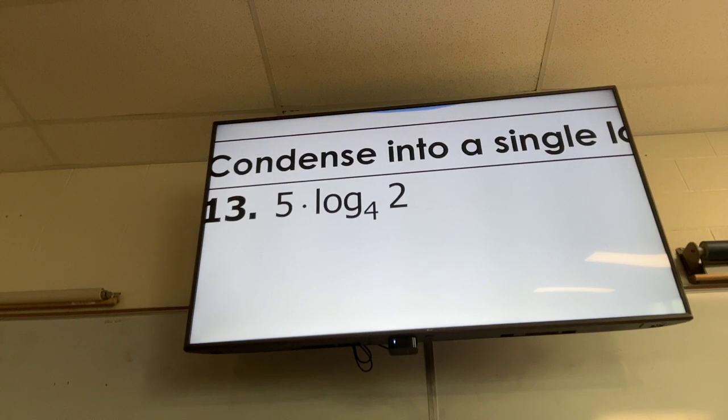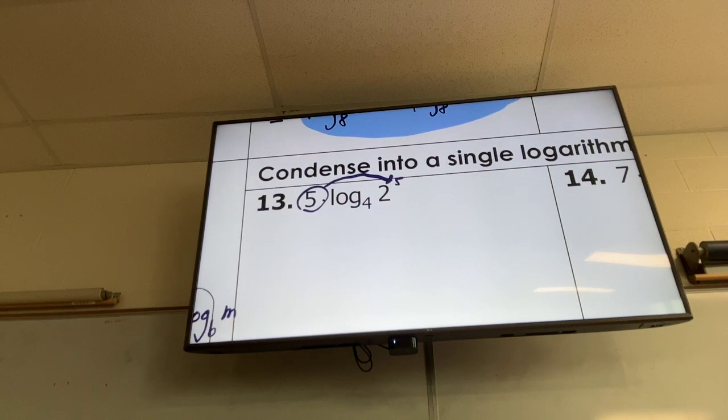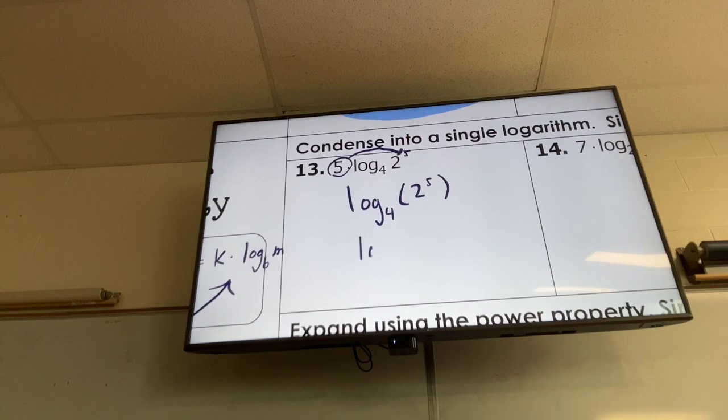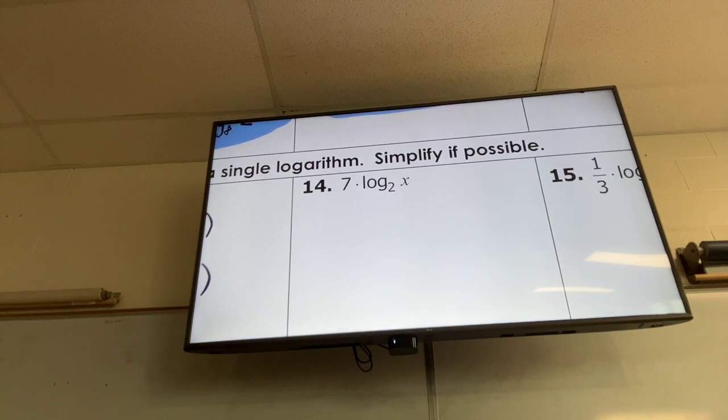So this one, right? I'm just going to take my 5 here and move it, make it become a 5 exponent. So it's going to be log base 4 of 2 to the 5th, which is log base 4 of 32. Right? It says simplify if possible.